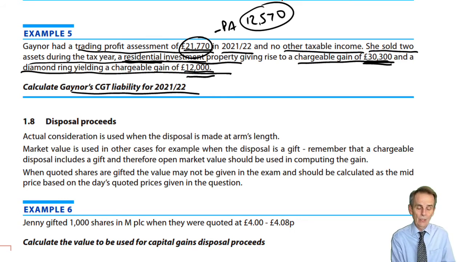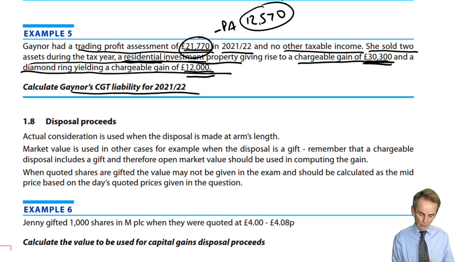And that, of course, is against which of those two gains would I prefer to deduct my AEA. Which of those two gains, the one being taxed at higher rates or the one being taxed at lower rates, would I like to exempt? I think we know the answer to that. You would prefer to exempt any of the gains that would be taxed at the higher rates.